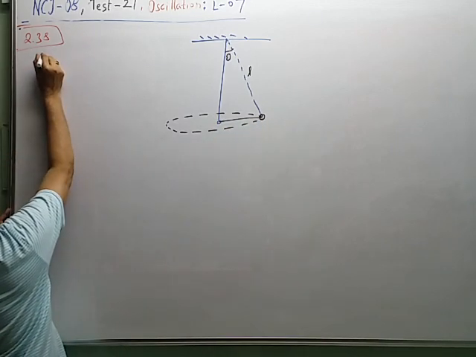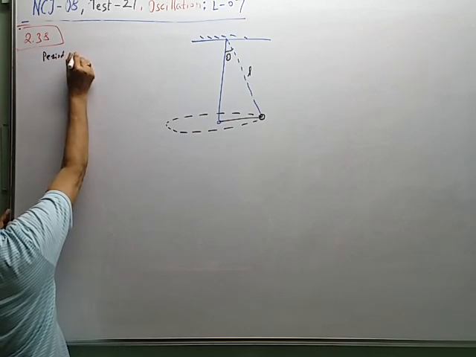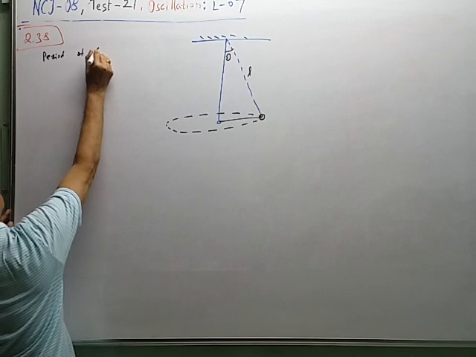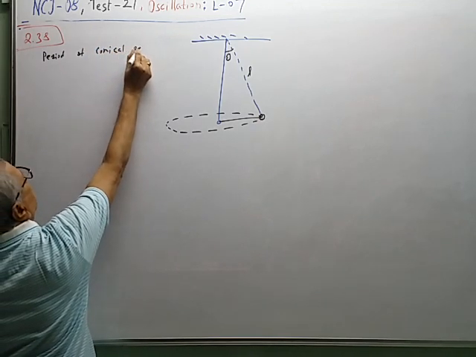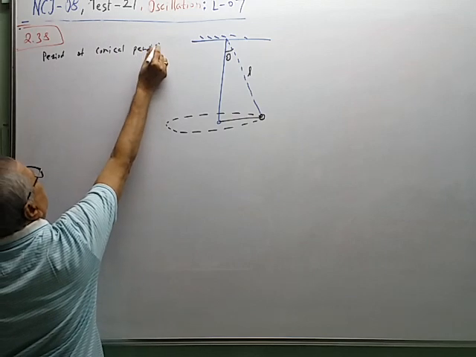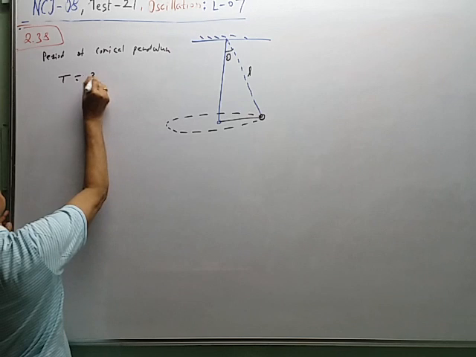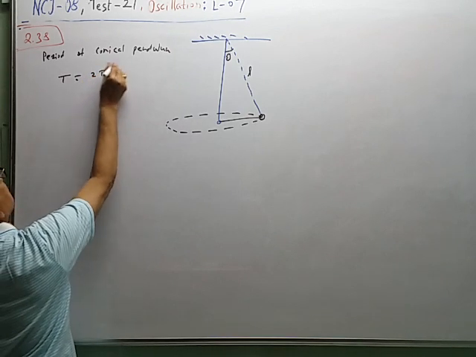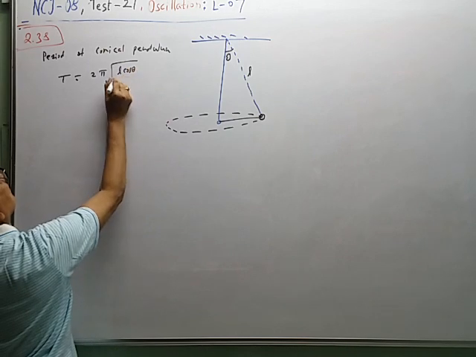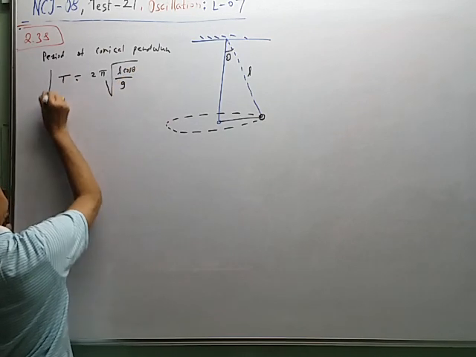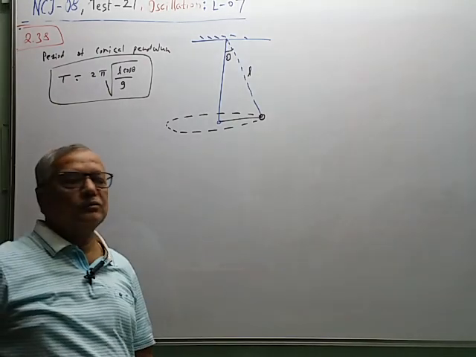So the period of a conical pendulum, we have derived this formula. Period for conical pendulum T is equal to 2 pi multiplied by under root of L cos theta by g. We have derived this relation, so no need to derive it again.